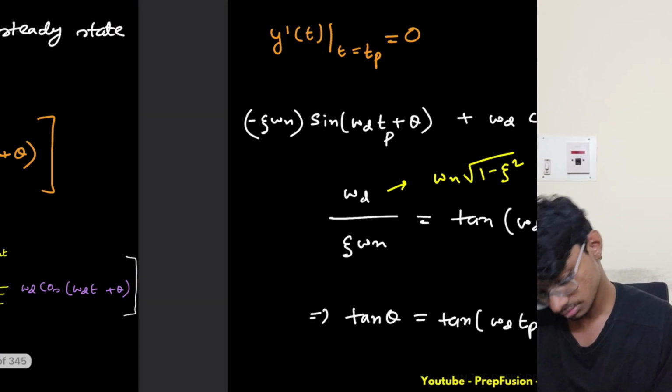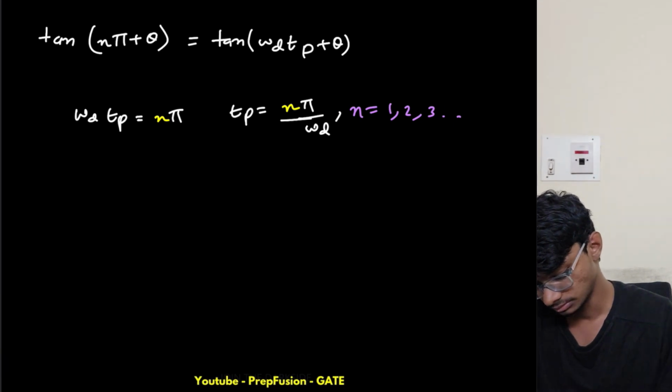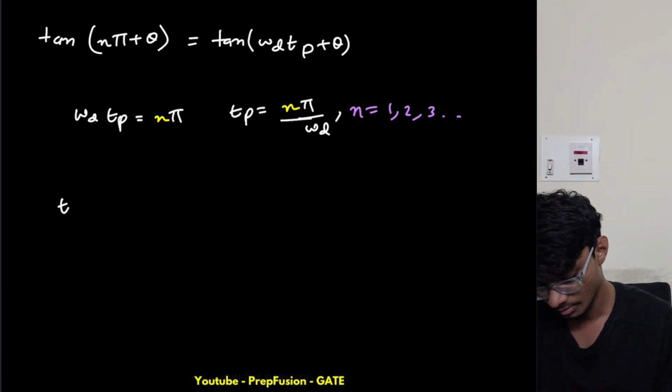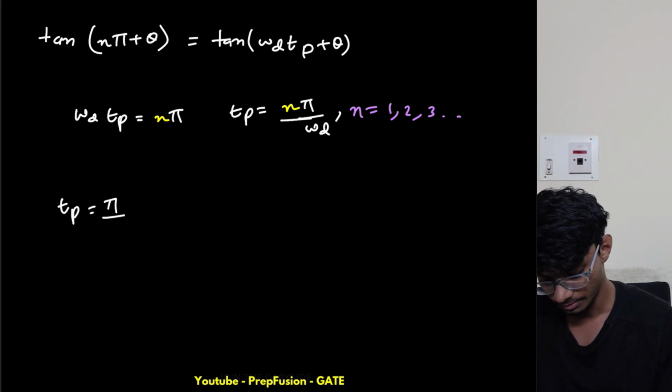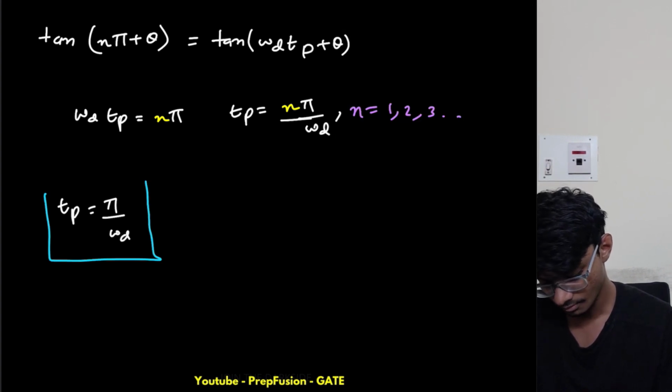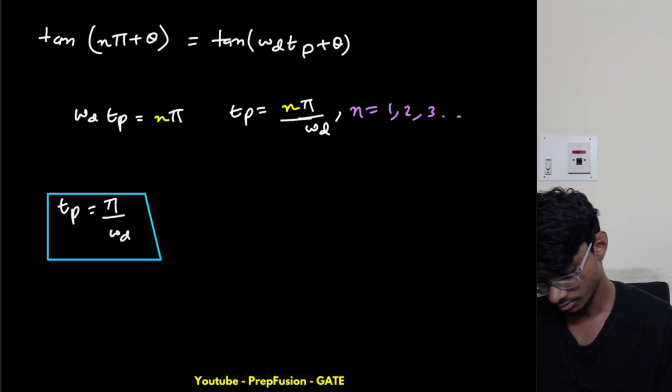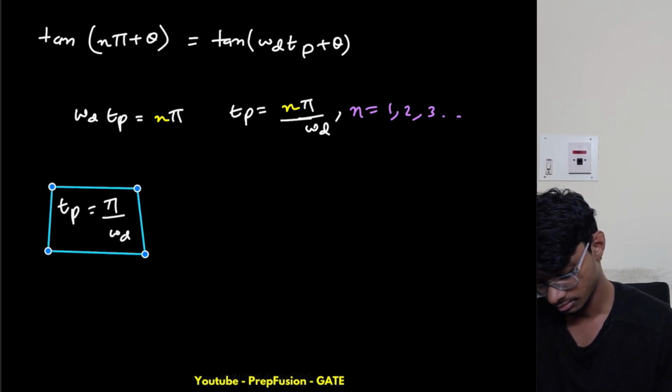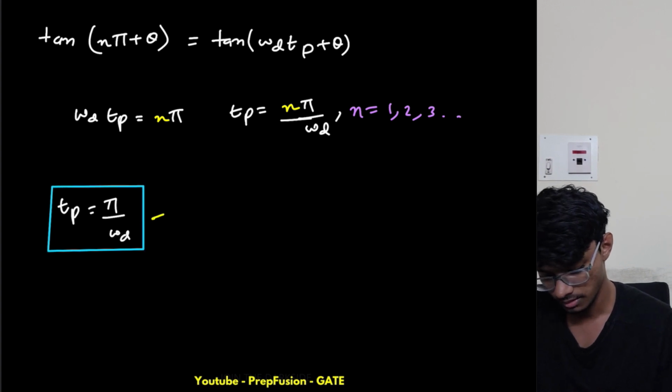So tp equals pi by omega d is basically my first peak, right?